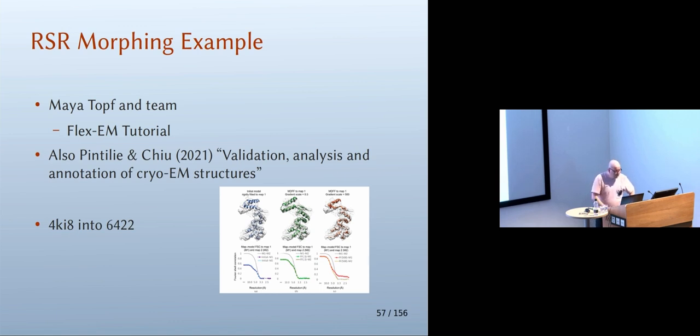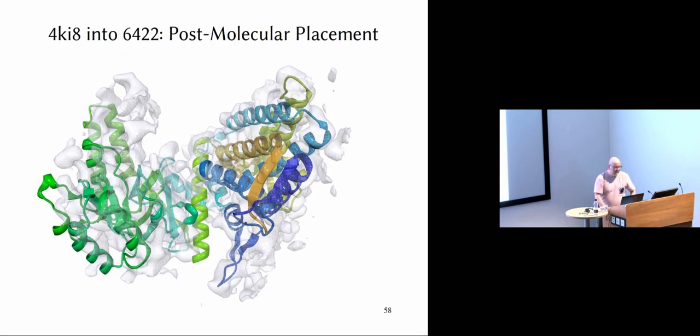The idea is that we're going to fit 4KI8 into EMDB 6422, and it involves some domain rotation. So it's a rotation translation. Fit doesn't do the job, as I'll show you here. So this is Coot's fitting. You can see that you wouldn't be able to rotate it or translate it to make it fit better, but it doesn't fit very well.